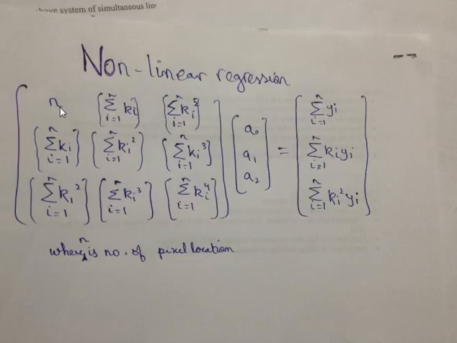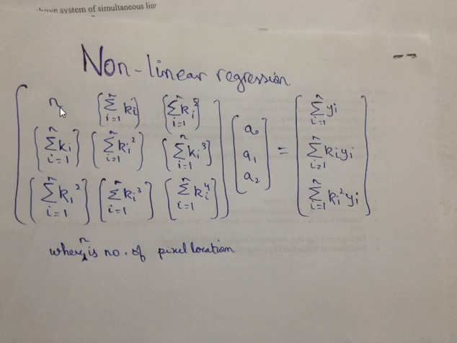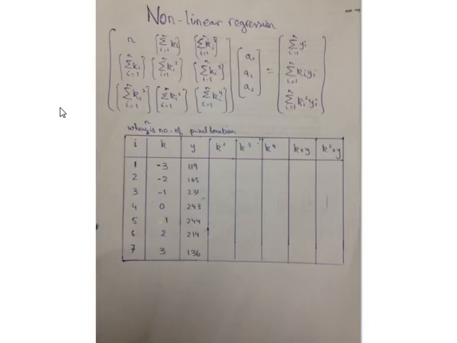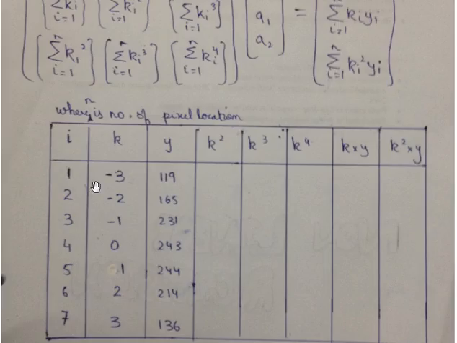Sigma k square and all these need to be calculated before further solving. So we will form a table which looks pretty much like this. In this, the values of k are given: -3, -2, -1, 0, and the values of y are given. These are initially given in the question.